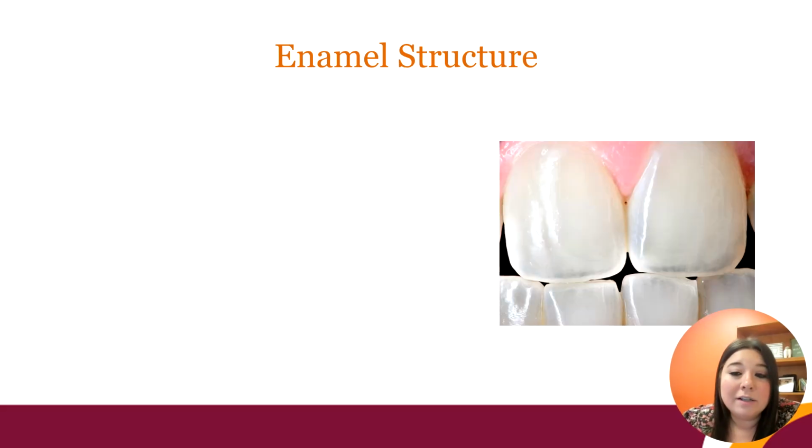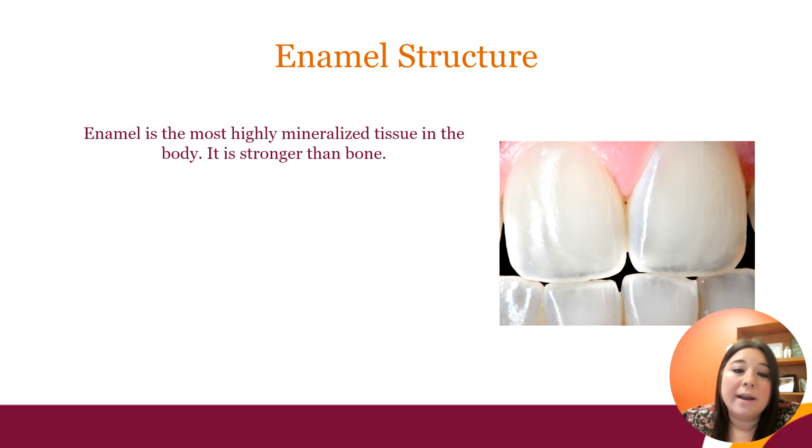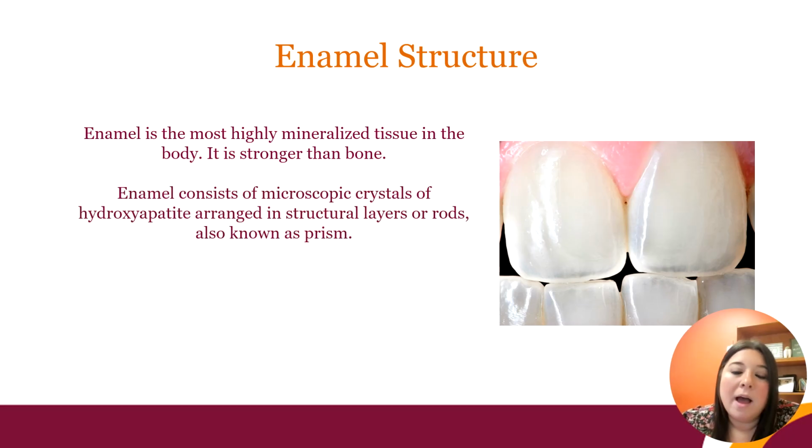Now, we've already talked a little bit about the histological structure of enamel, but this is going to go into a little more detail about how decay forms in enamel. So again, enamel is the most highly mineralized tissue in the body, and it is stronger than bone. But enamel consists of microscopic crystals arranged in structural layers or rods known as prisms.